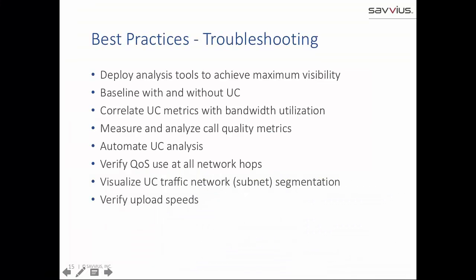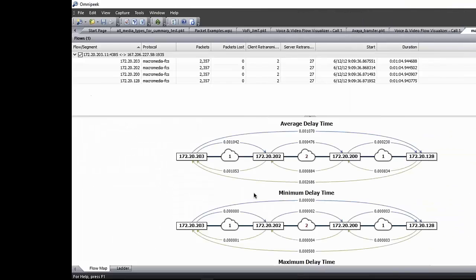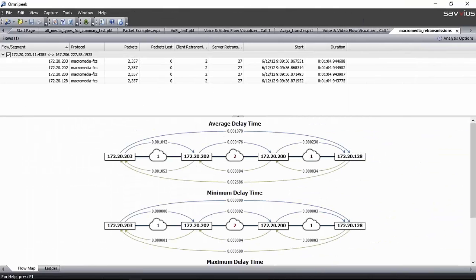And the last 2 things, being able to look at maybe network segmentation or upload speeds. Both of those are also very, very easy to do.